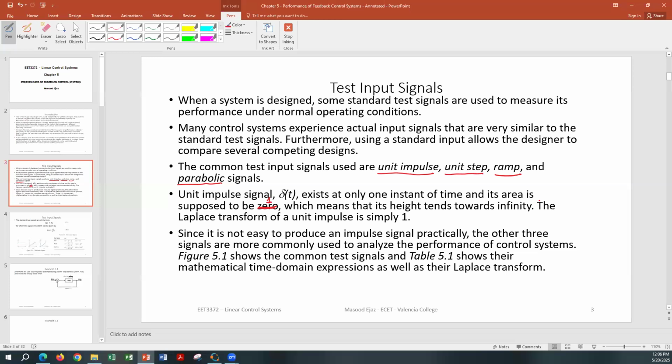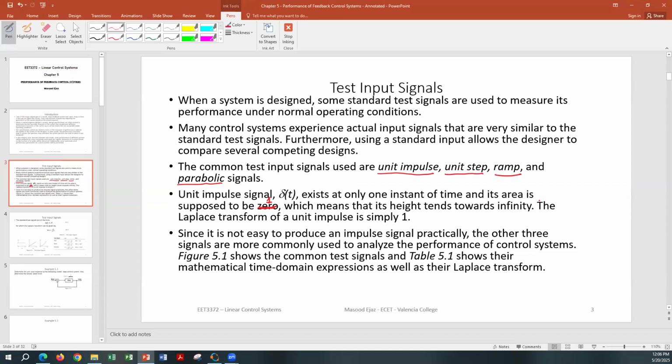That's the physical explanation of an impulse signal. Mathematically it exists, but physically no signal can have infinite height or infinite magnitude. But any signal that is happening for a very short amount of time and has a very large value is assumed to be an impulse signal.